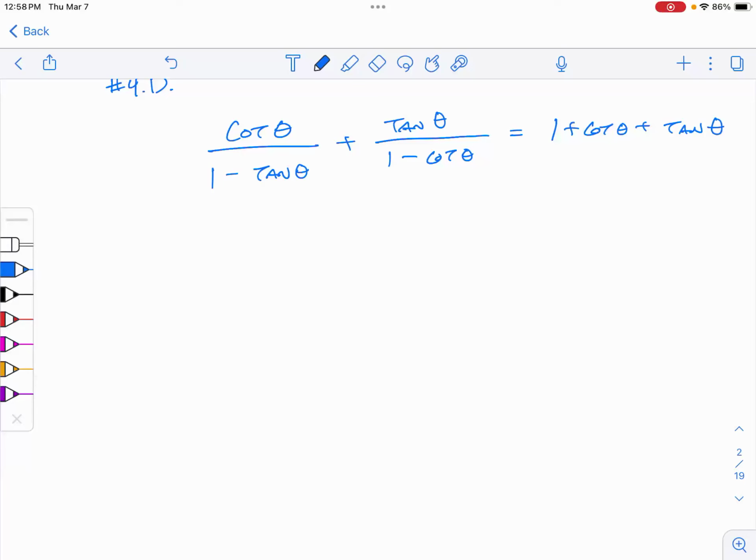Okay, so I would definitely start over here. It looks way more complicated without a doubt. Sines and cosines is the first rule. That's definitely where I would start.